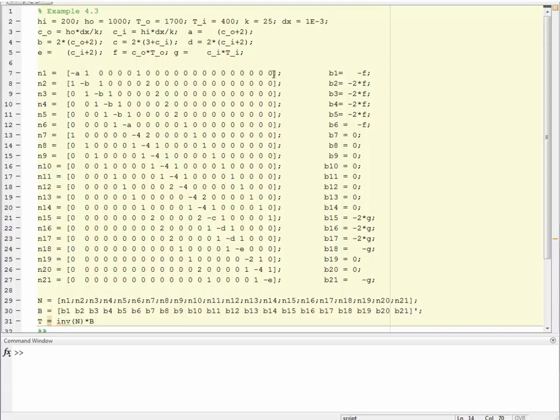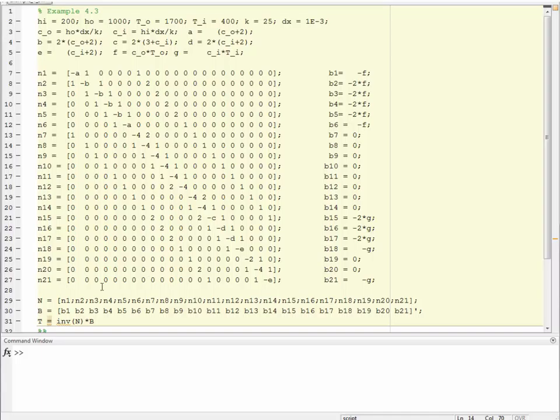You have to do this process very patiently and carefully to make sure that all the rows have the same number of components, which is 21 in this case, and that they have the proper sign. Then you set up the vector B with all the constants, which are on the right side of the equal sign.